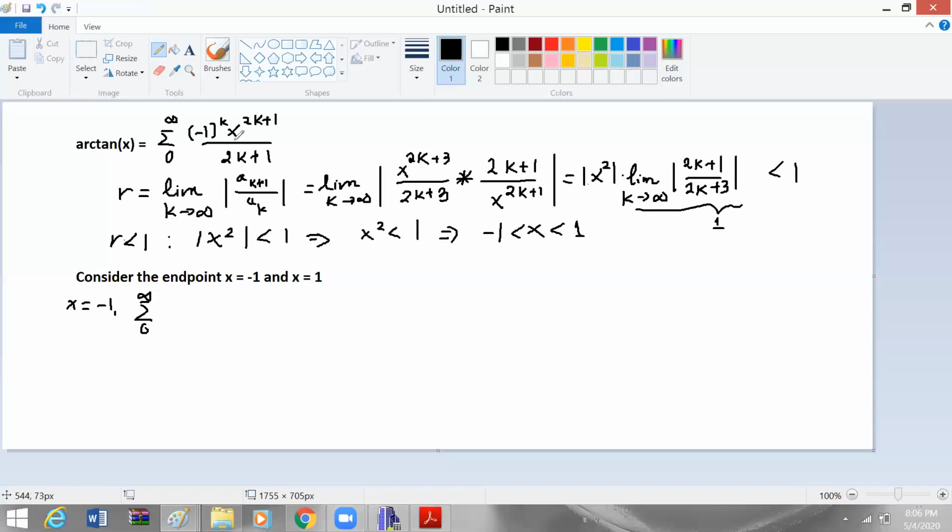Literally, I plug in x equals -1, right? So that'd be (-1)^k times x to the, so -1 raised to the 2k+1, over (2k+1).